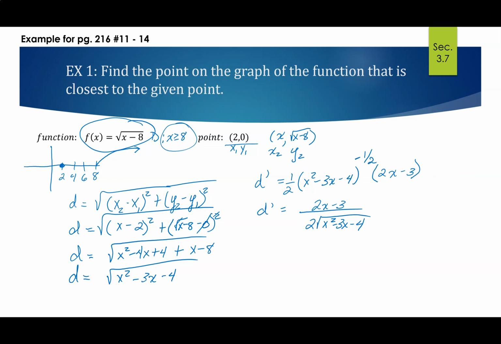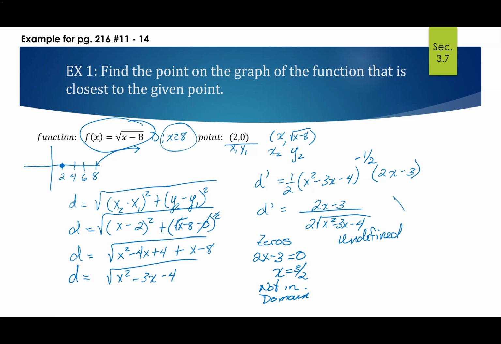Now remember, in my original domain, I wanted everything greater than or equal to 8. So when I look at the two things that cause my derivative to equal 0 or go undefined, my zeros come from 2x minus 3, which gives me x equals 3/2, not in the domain. And then my undefined points come from when the denominator equals 0.